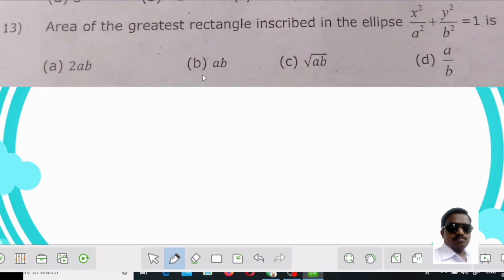Next question, 13. Area of the greatest rectangle inscribed in the ellipse. Solution. First you draw the ellipse.